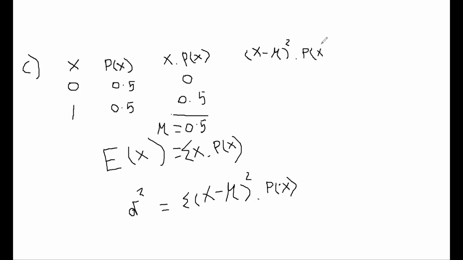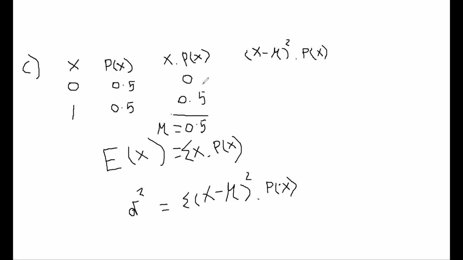Plug in all the values here for the first x, which is 0. X minus mu, 0 minus 0.5 is minus 0.5. Then square it. If you square it, you will get 0.25. And then times probability of x.